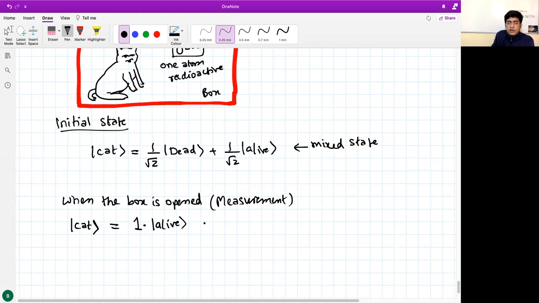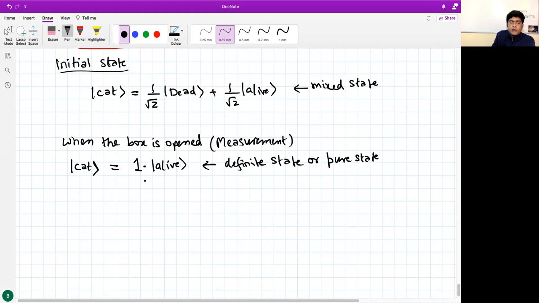So this is a definite state, or a pure state. Now the probability of finding the cat after the measurement is the probability amplitude squared. So the amplitude is 1, you square it, this is again 1.